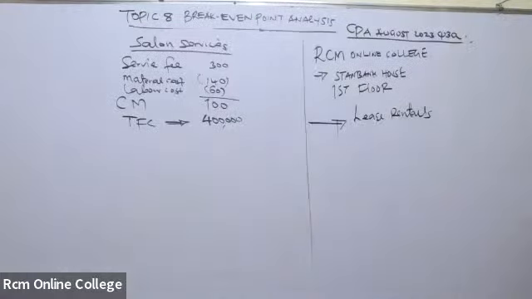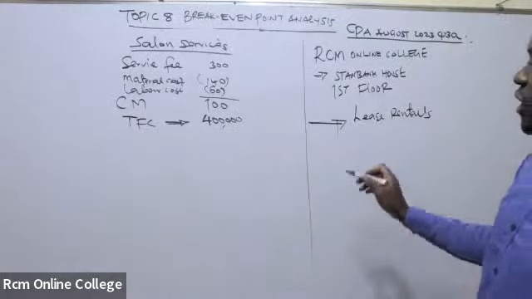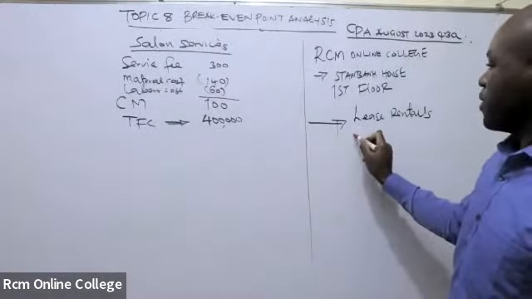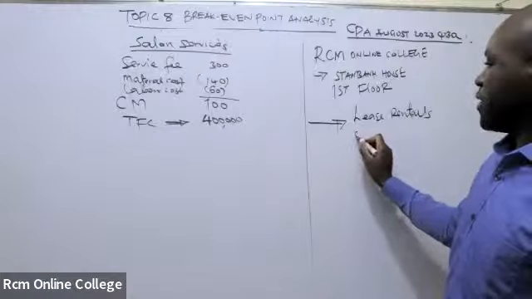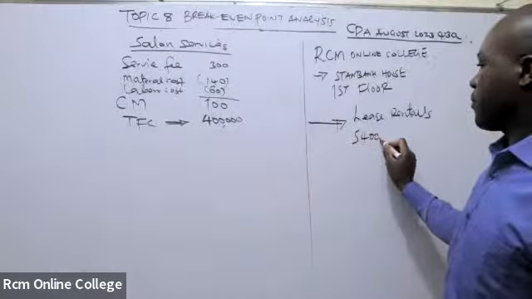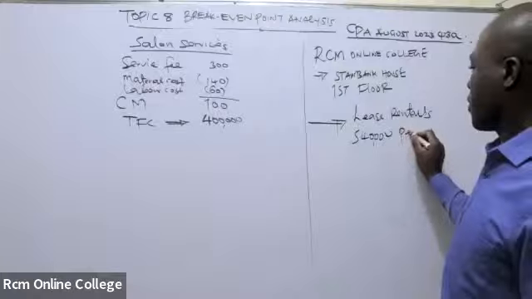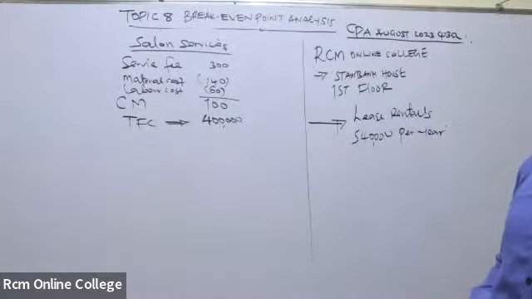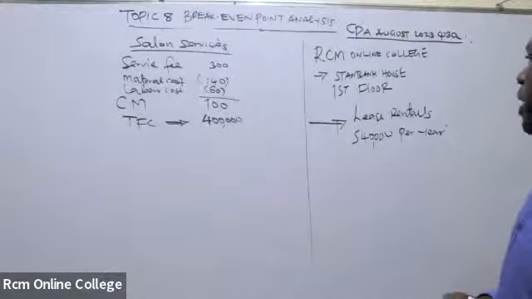So let's say they were supposed to pay 540,000 per year.